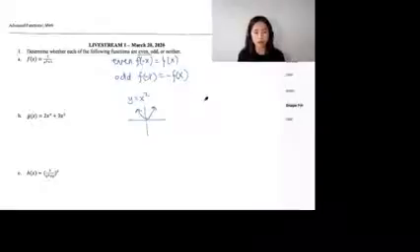But for an odd function, let's say you're looking at y is equal to x cubed, which is a cubic function. Your symmetry is actually 180 degrees, a point symmetry to be specific.